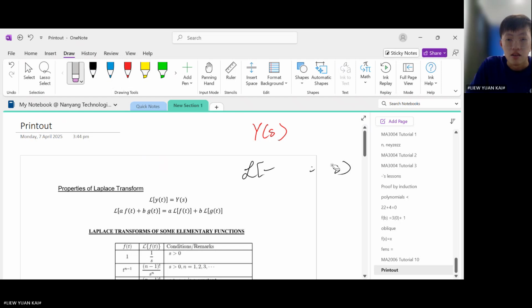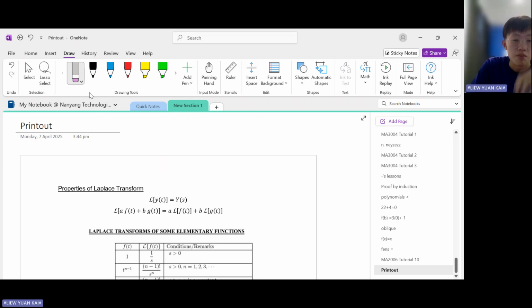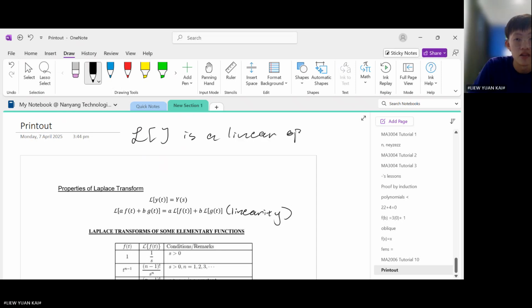The next property is called linearity. The linearity property of Laplace transform. Laplace transform is a linear operator.